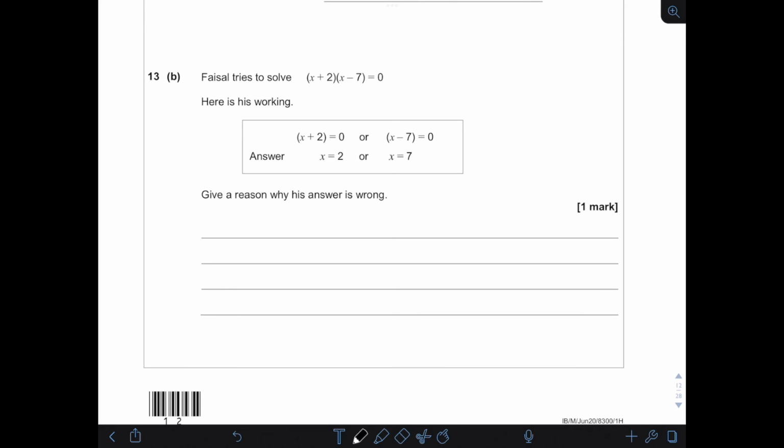So we have a... Oh, what have they done? Yeah, so this person has tried to solve this equation, and what they've done wrong is over here.